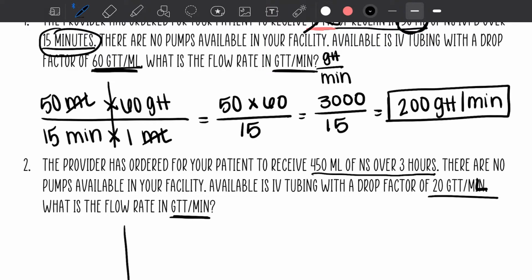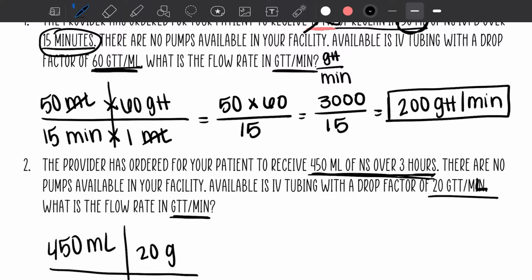So draw our dimensional analysis square here. And again, 450 milliliters over 3 hours is what we put on the left as our order, and our drop factor's going to go on the right. So 20 drops per 1 milliliter.